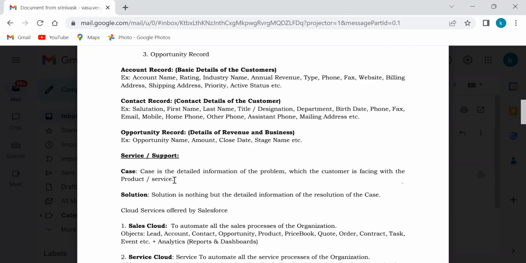That is called a solution, and it comes under service or support. These are the three phases in any CRM lifecycle: marketing, sales, and service. So that is about the CRM lifecycle.